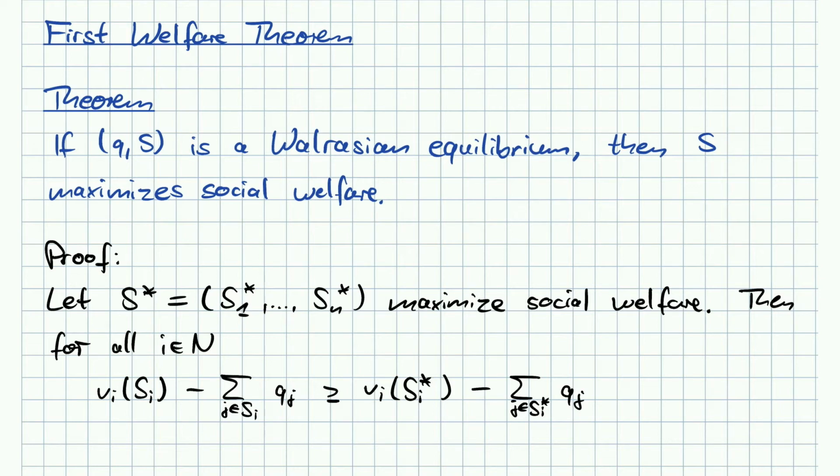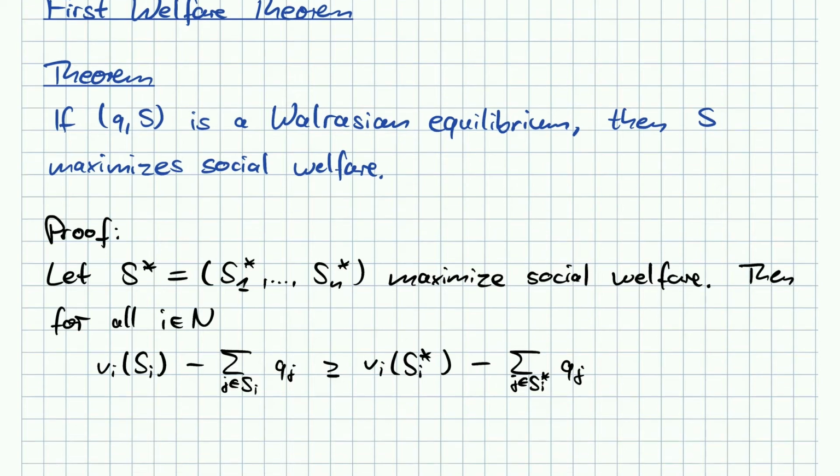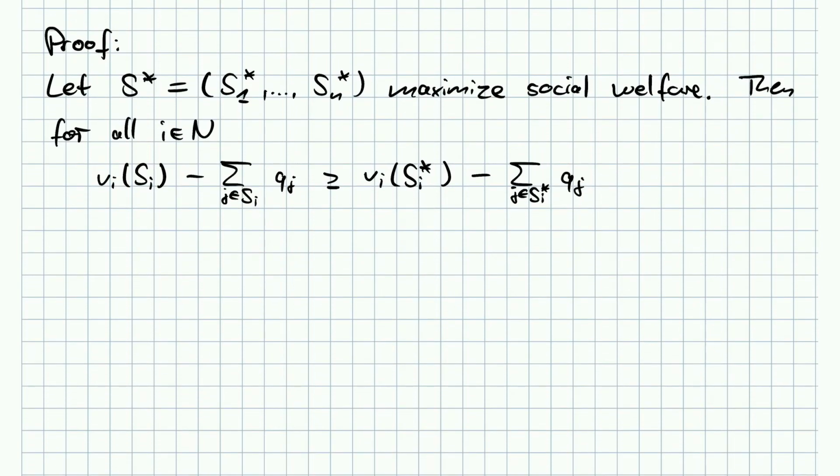Good. This is just the first property of the Walrasian equilibrium, that everybody's happy with the set of items that they're getting. Now what we can of course do is sum up this inequality over all buyers. What will this look like?